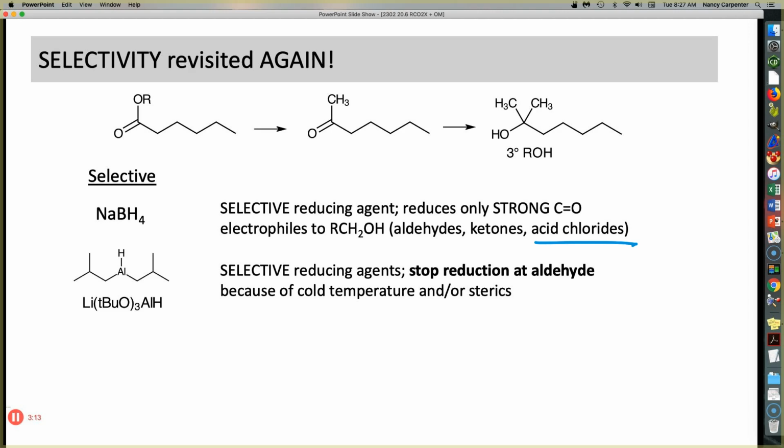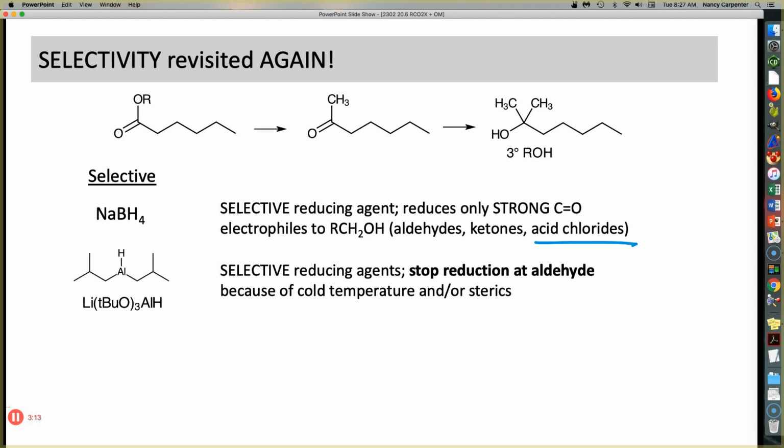We also learned that DIBAL and lithium tri-tert-butoxyaluminum hydride are selective too. It's not because they're mild, it's a combination of features. The fact that there's only one hydrogen on there is part of it, but also because of sterics and the fact that we can control the solubility and reactivity and keep the temperature down. So these are selective because they manage to add once and only once and stop the reduction at the aldehyde.